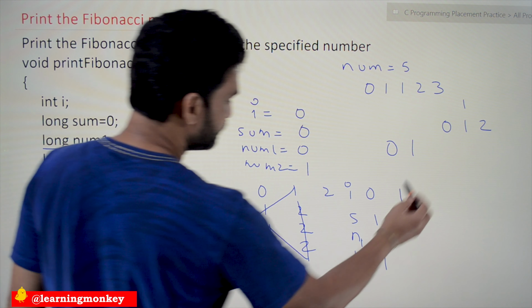In the last iteration, where the value of i is equal to 4, it has to print n1, which is 3, and sum is equal to n1 plus n2, which is going to be 8. n1 is equal to n2, so it will become 5, and n2 is equal to sum, so this will become 8. So the final output is the same as the expected output. Both are the same.